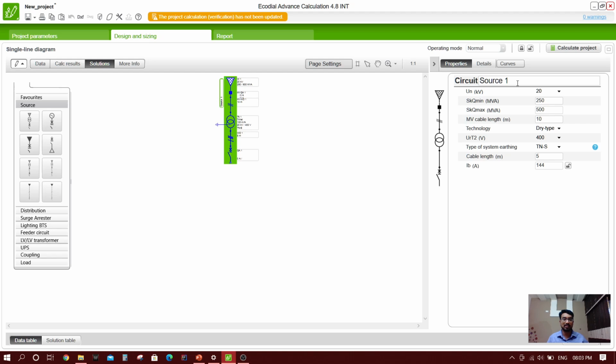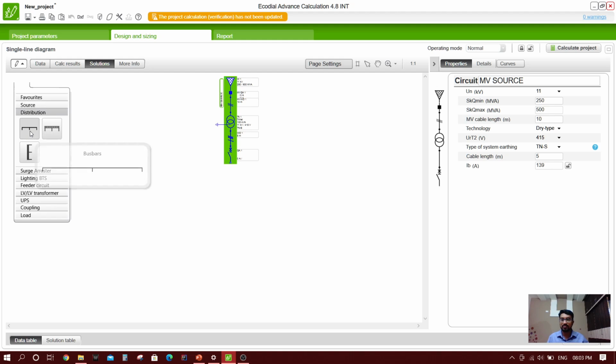Once you have done that, you can rename it as MV source. Change the primary side voltage to 11 kV and the secondary side voltage of the transformer to 415 volts.